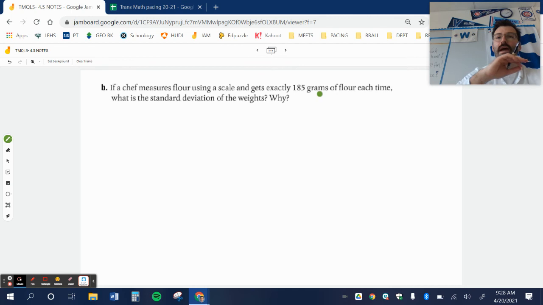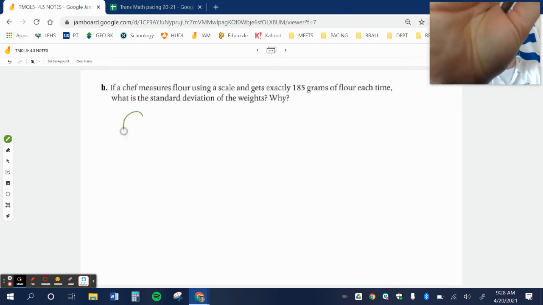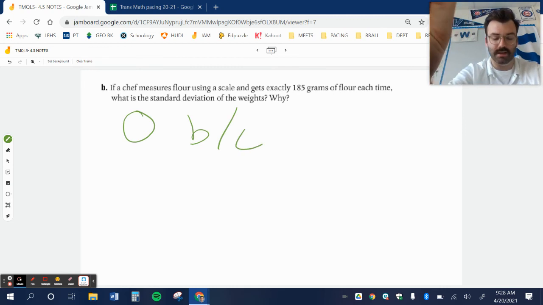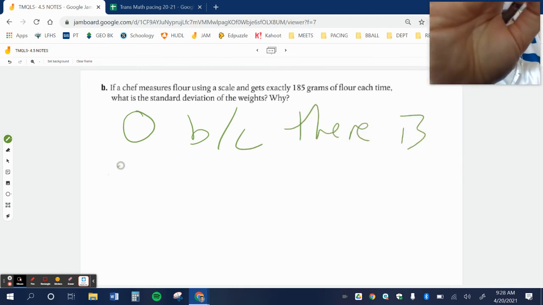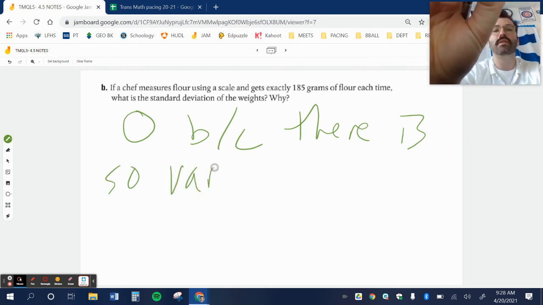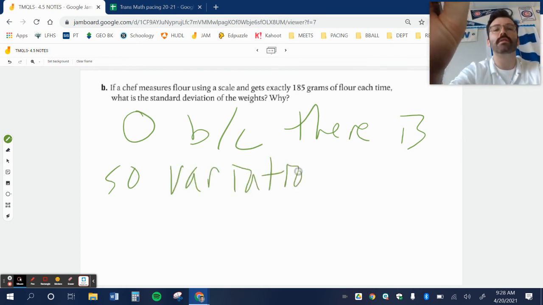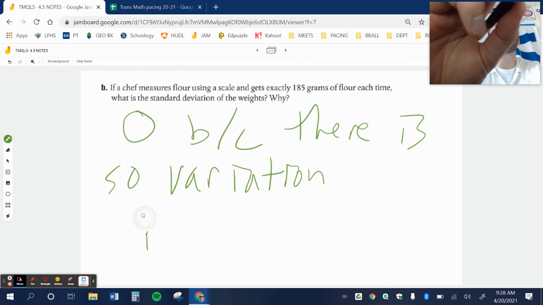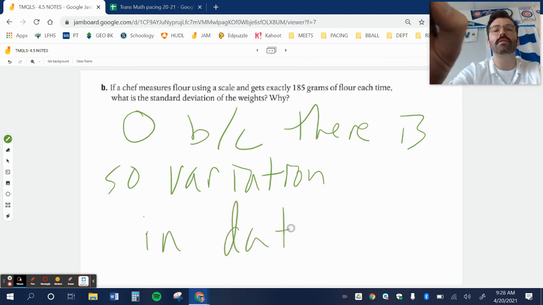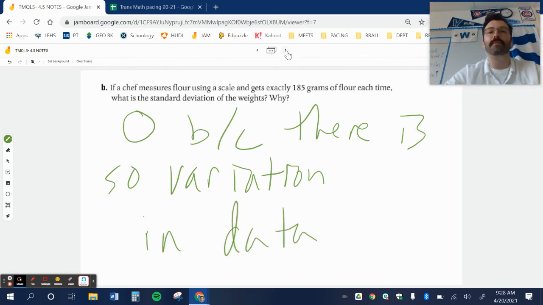That means our average is 185. So the standard deviation is 0 because there's no variation in our data. Because it's always 185, it's consistent.